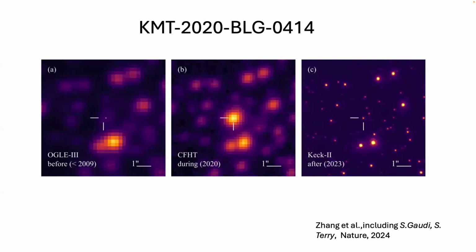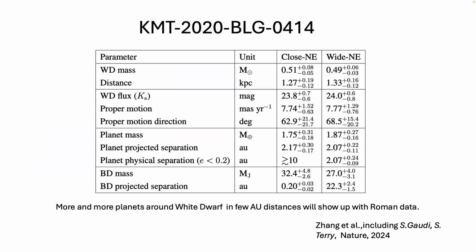But again, from Keck observation, found by Zhang et al., we don't see any lens, from which we conclude that this is a planet of about 1.7 Earth masses at around 2.17 AU. So the whole point is that we are finding more and more planets around white dwarfs at a few AU distances now. And with Roman data, we will see more and more of these.